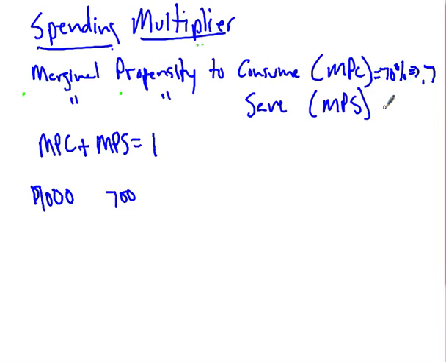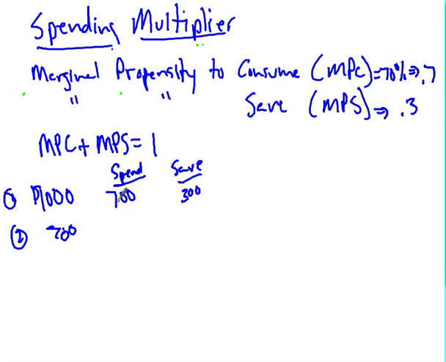And so if the MPC here is 0.7, then we know from this equation that the MPS must be 0.3. So if I give you the 1,000, you spend 700, and you'll save 300. Now your spending becomes somebody else's income. So this is the first person.